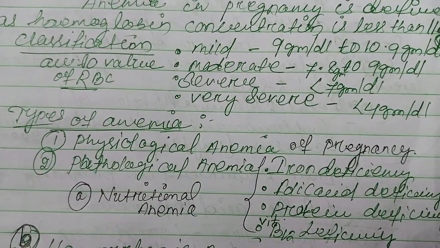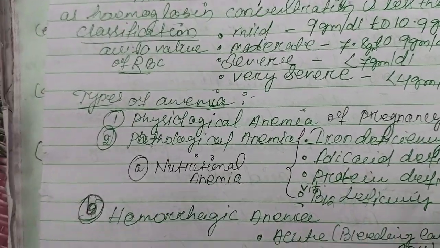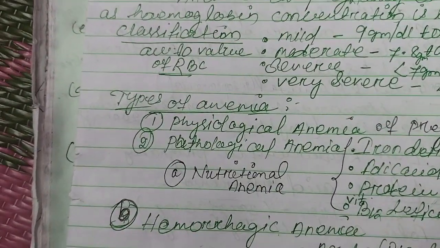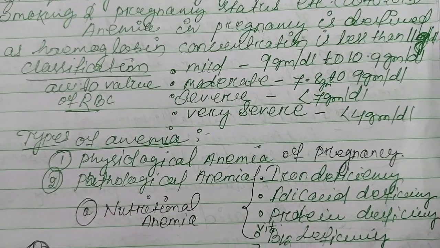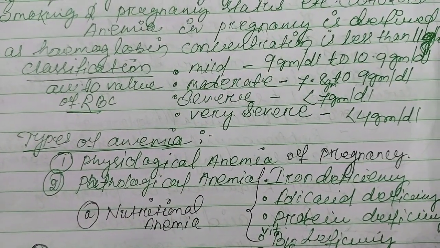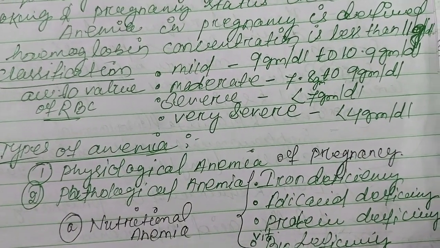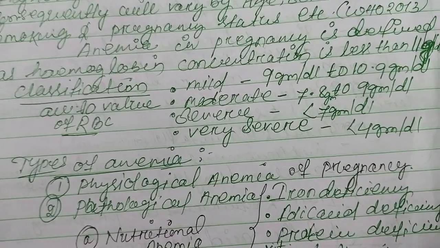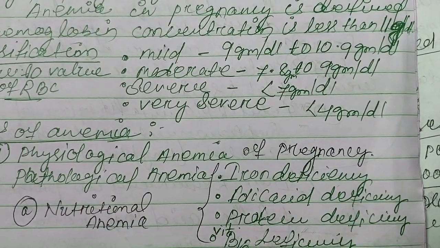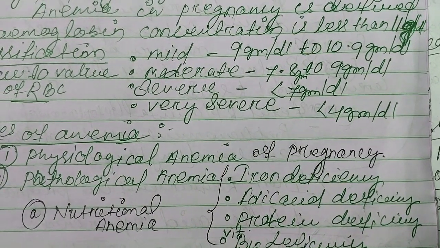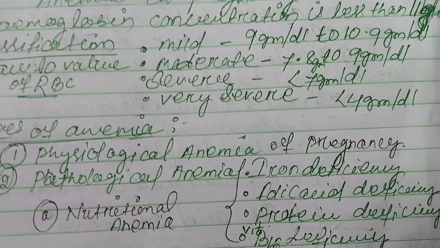So here we'll see some classifications. According to the hemoglobin value, there will be mild, moderate, severe and very severe. Mild is 9 to 10.9 gram per dl; 9 to 10 we can say for easy remembering. Moderate is 7 to 9, severe is less than 7 gram per dl, and very severe is less than 4 gram per dl.